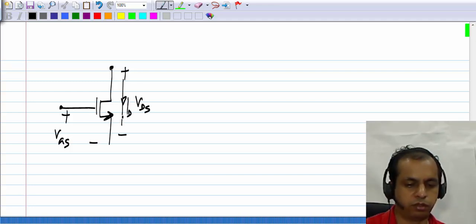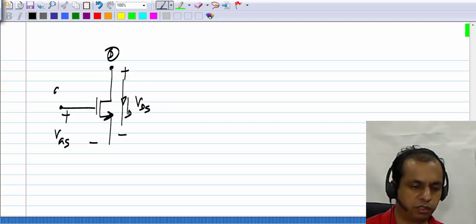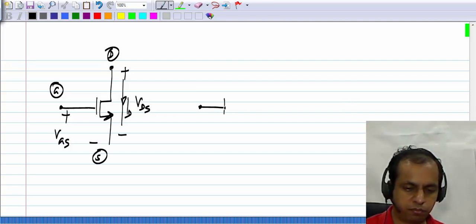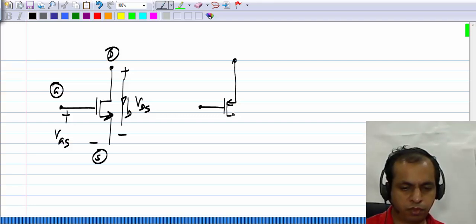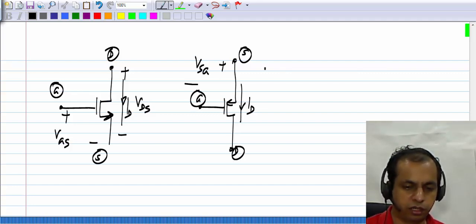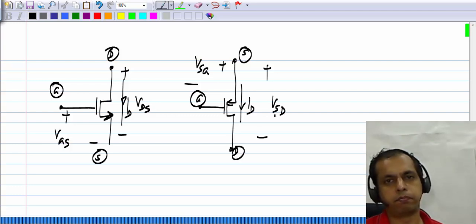The current flows from drain to source. And in PMOS, on the other hand, the current which is defined as flowing from source to drain is described in terms of VSG and VSD.